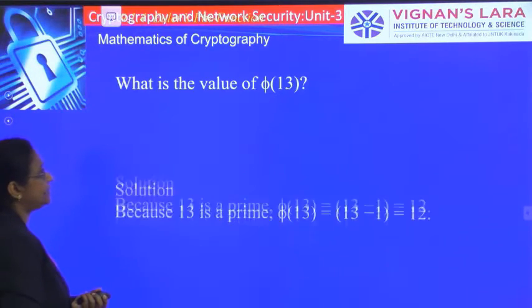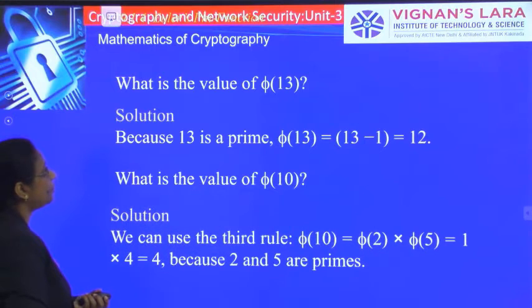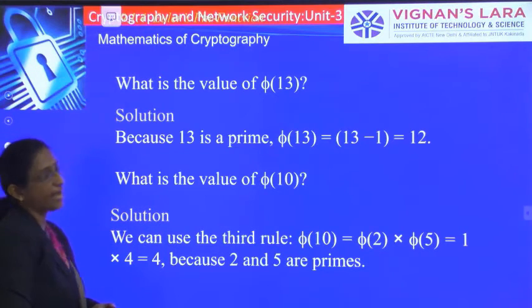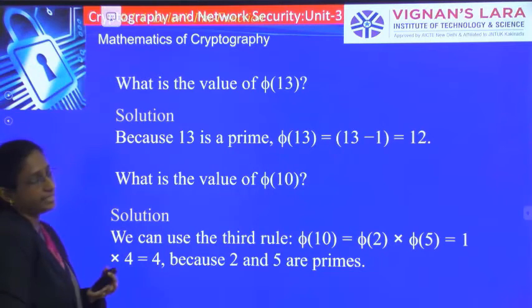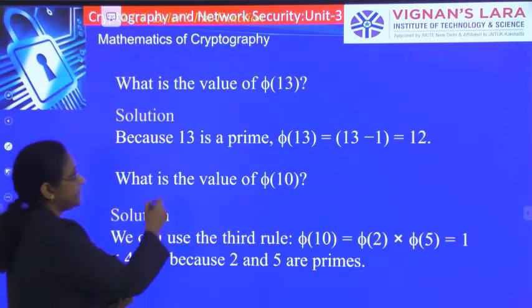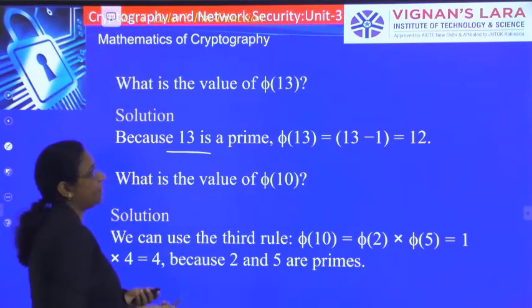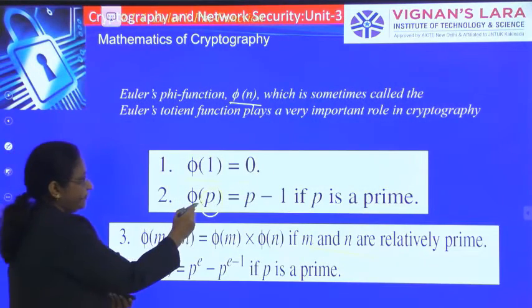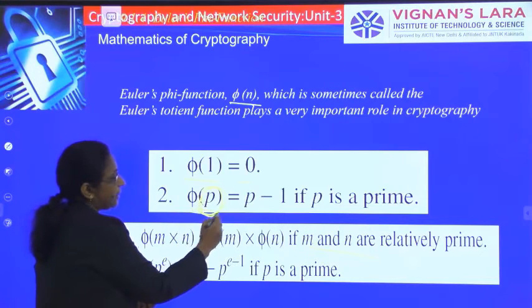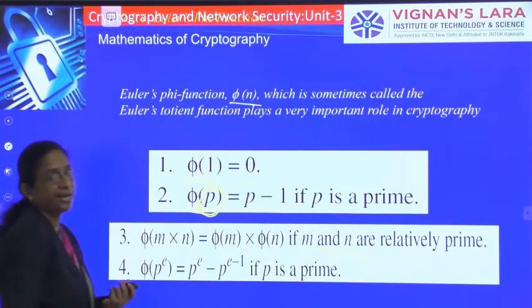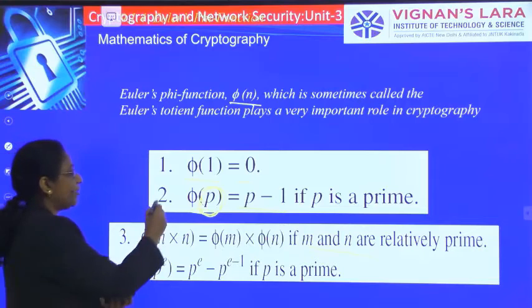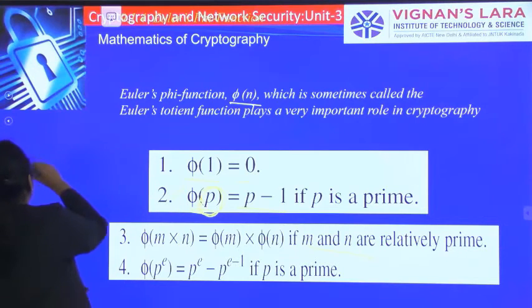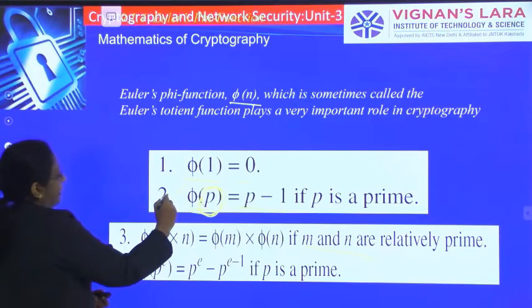Okay, so let's see some examples. What is the value of phi 13? Since 13 is a prime, then we can simply say p minus 1, according to your second condition.